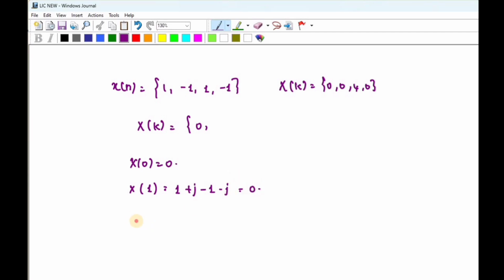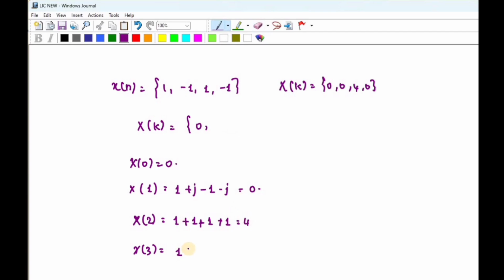Next, capital X of 2. So 1 minus 1, if you substitute, you will get 1 minus 1, 1 minus 1, so you will get the answer as 4. Next, X of 3.